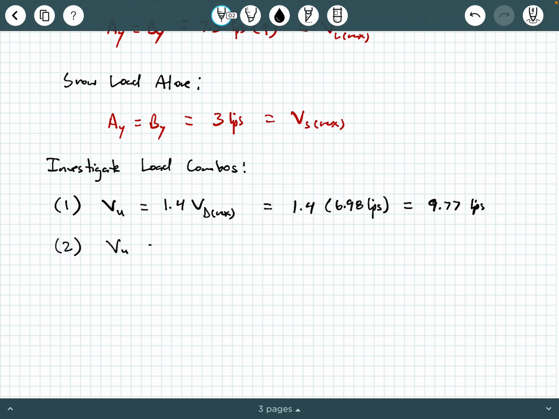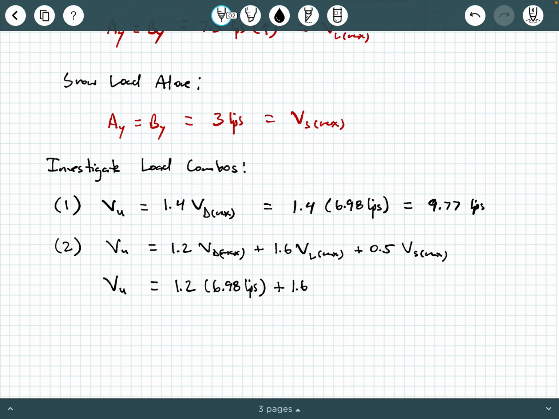Let's look at our next load combo, which was load combo 2. We'll say V_u is 1.2 V dead max, plus 1.6 V live max, plus 0.5 V snow max, and we can substitute these values in from our previous 3 analyses. So 1.2 times 6.98 kips plus 1.6.